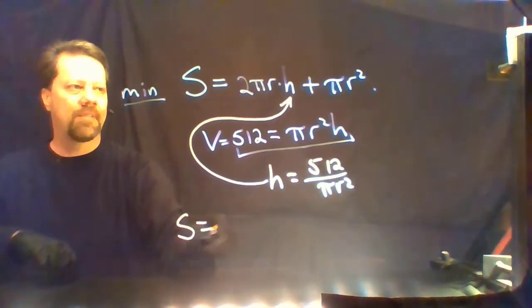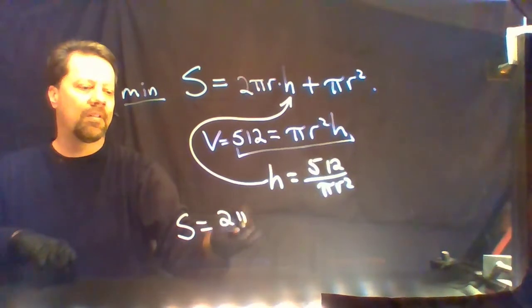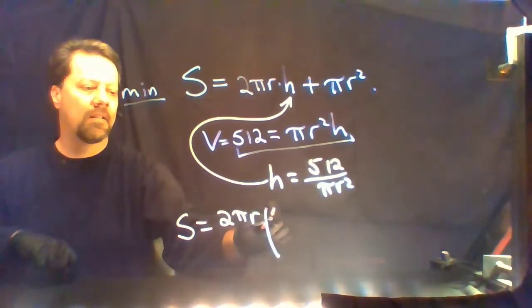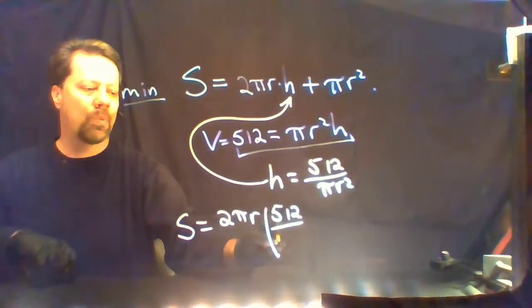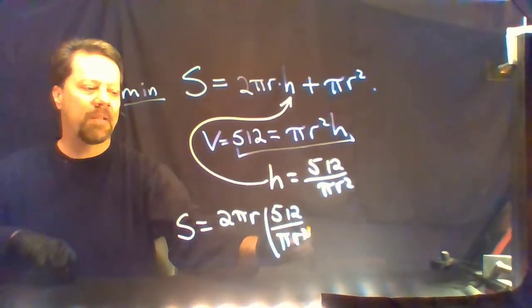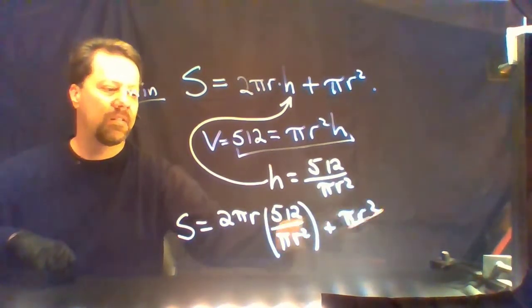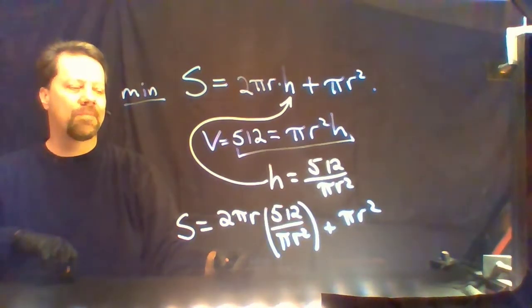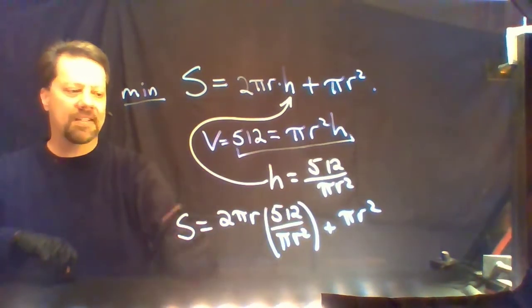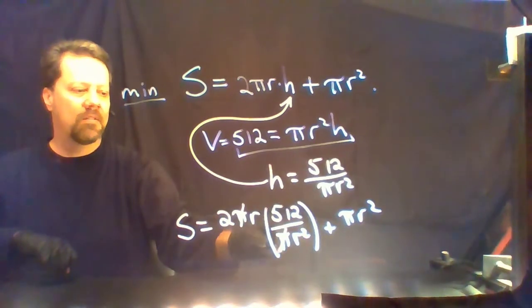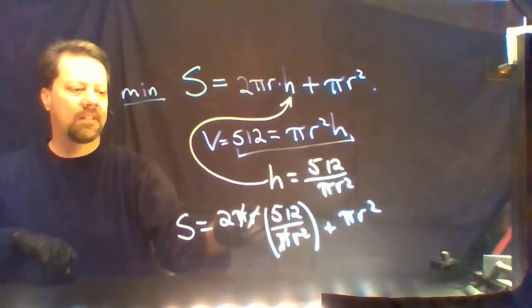The surface area formula is now 2 pi r times 512 divided by pi r squared plus yet another pi r squared. We can simplify this a little bit. We can cancel pi off.